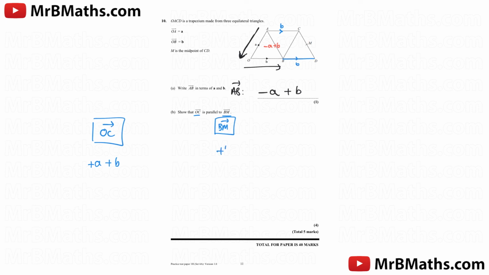So we can start off with plus b, and then from what we've worked out in a previous part, we've then got this CD, which would be minus a plus b as well. Yeah, because it would be parallel lines, and it's an equilateral triangle. So to get from B to M, we would follow this path here. So B to M. Well, this is the path that I'm going to follow at least.